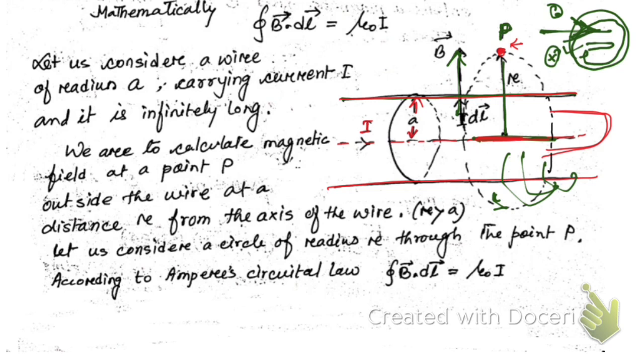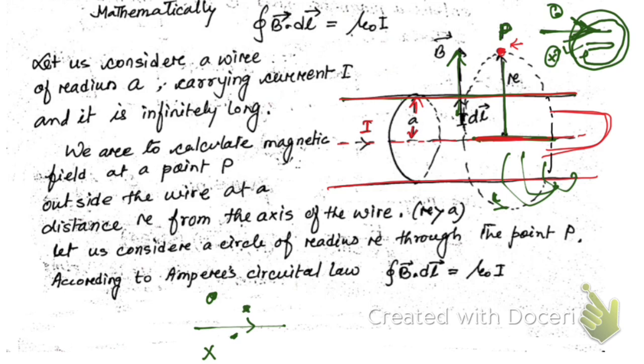That means this is the conductor, this is the top, this is the bottom side, right? This is the front side, that means from your side, and this is the opposite side.